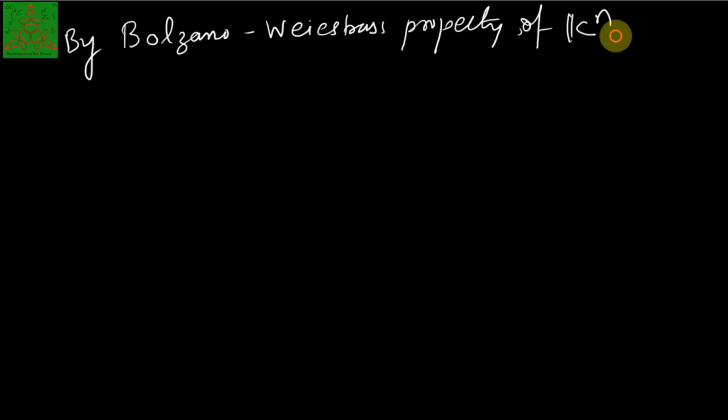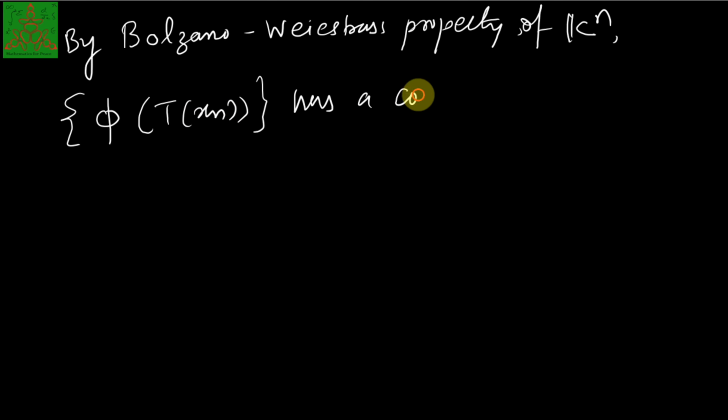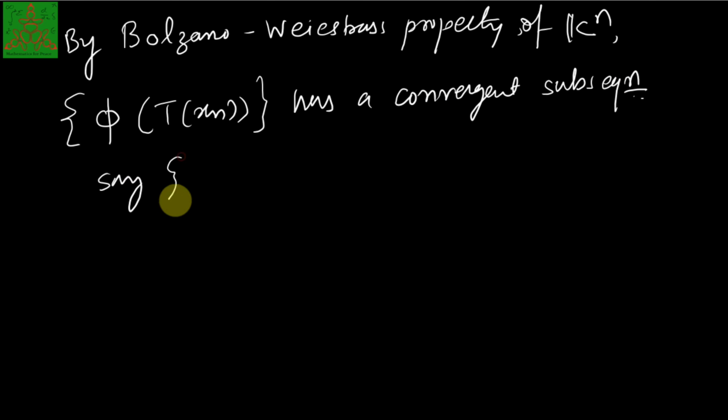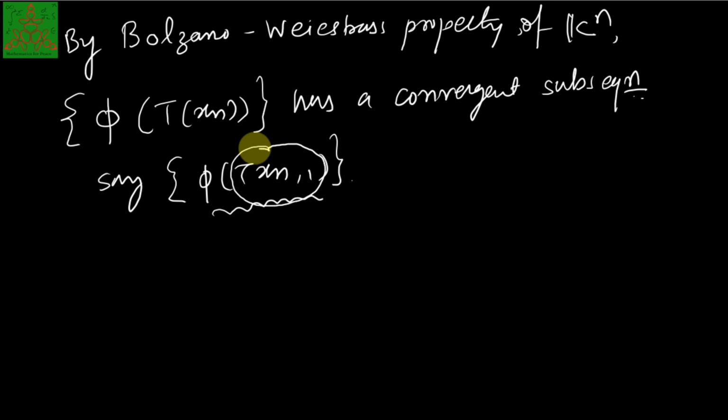Therefore, by the Bolzano-Weierstrass property in k power n, phi of T of xn has a convergent subsequence. Let us say that convergent subsequence is phi of T of xn1. Now let us observe this quantity phi of T of xn1, in which T of xn1 is actually a subsequence of T of xn.